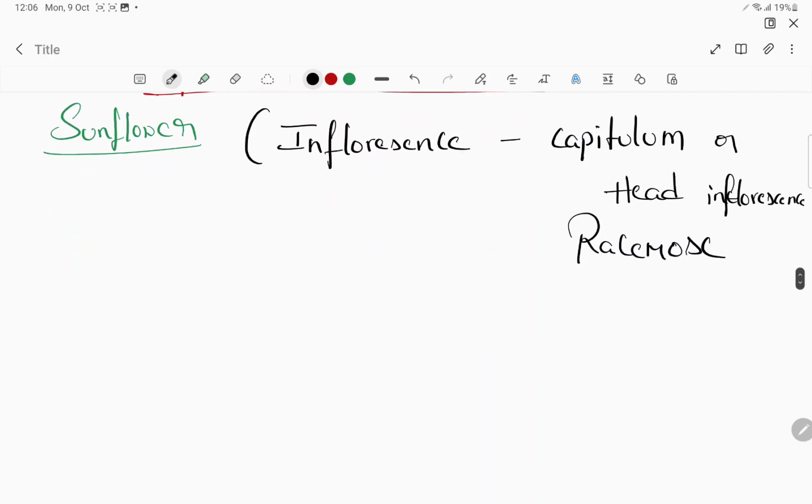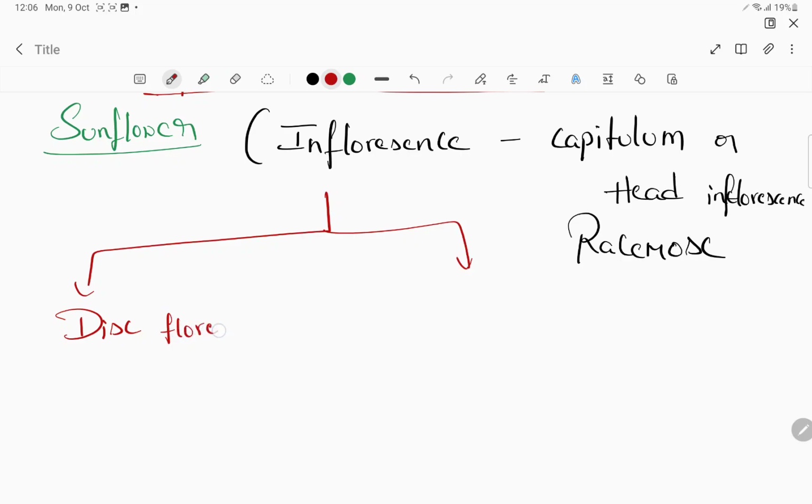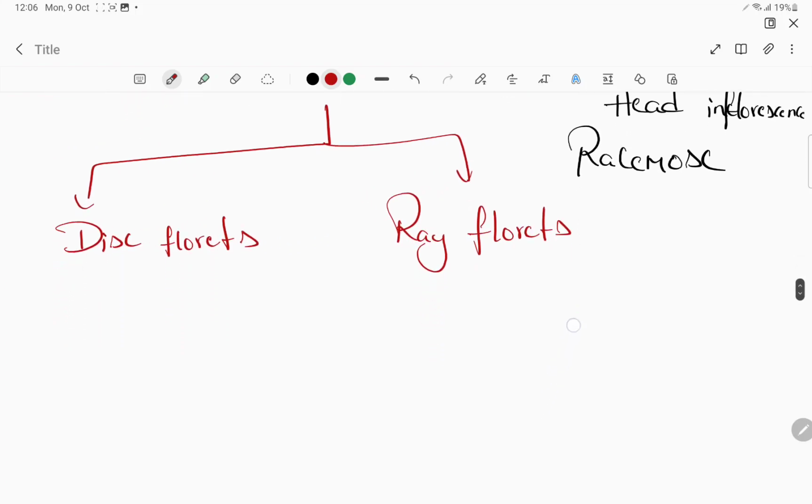And in this inflorescence, you have two kinds of flowers. One is disc florets and the other one is ray florets. So let's talk about the disc florets and ray florets separately.